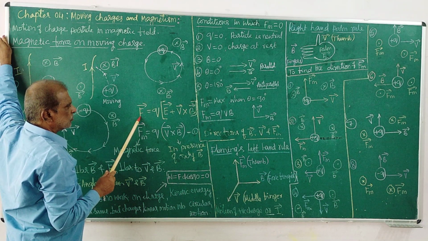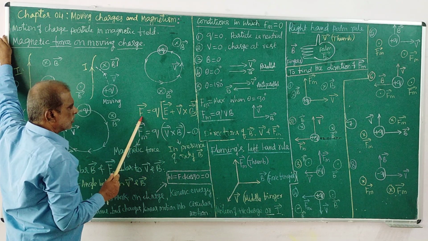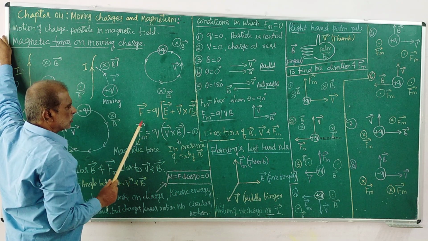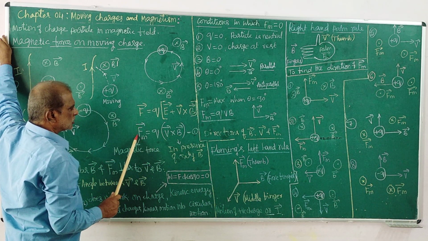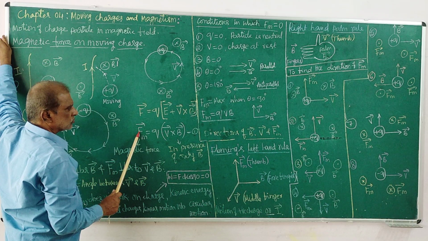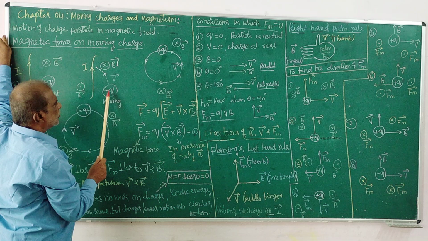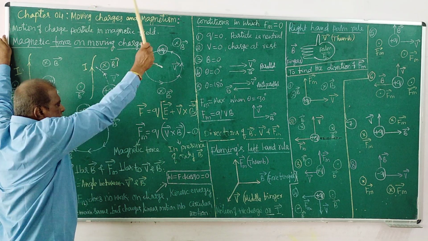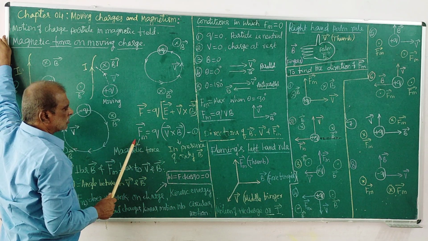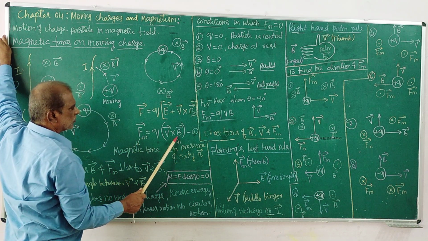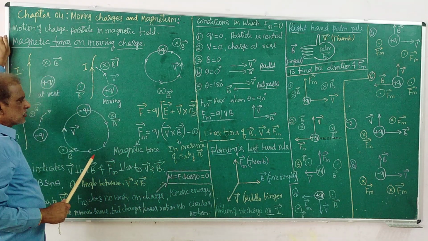When E equals 0, it is a force because of only the magnetic field. That force is called the magnetic force, the interaction between a charged particle and magnetic field. It is given by the expression called the vector form of Lorentz equation.